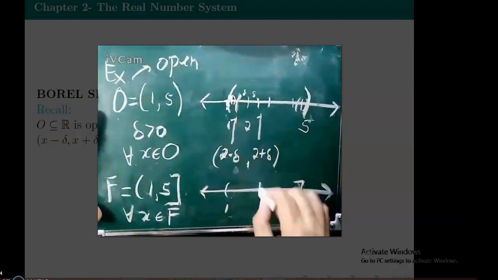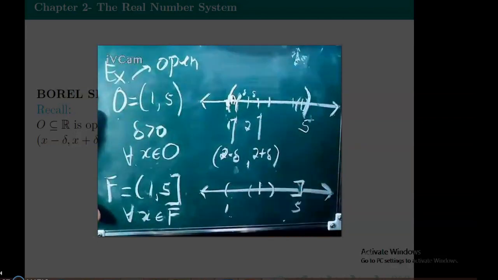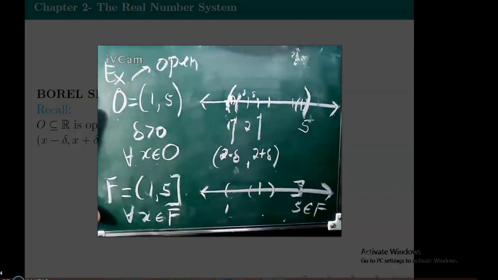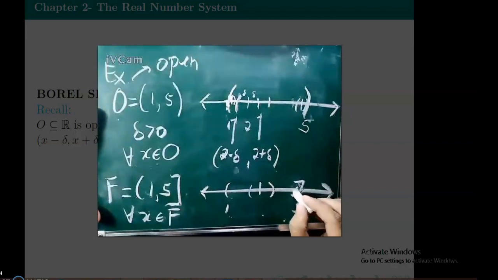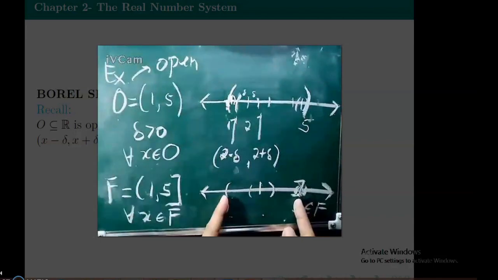So if we take an element here and set the delta, of course it is contained. Now what about if we take an element here? Take note that 5 is in the set, right? Now if we take delta smaller, as you can see, no matter how small you make the interval, this interval is not contained here.